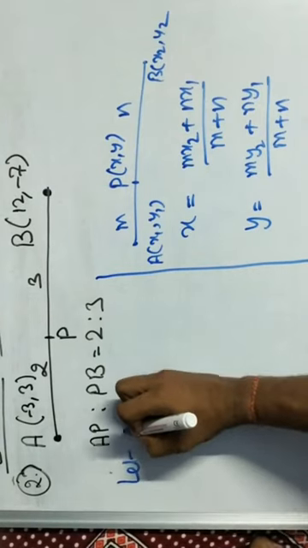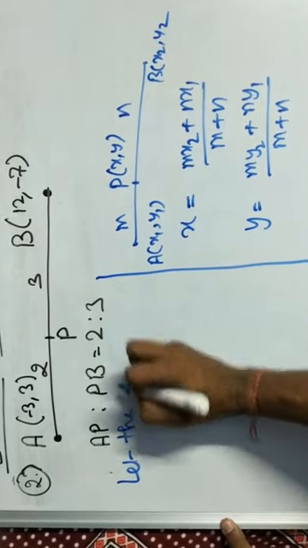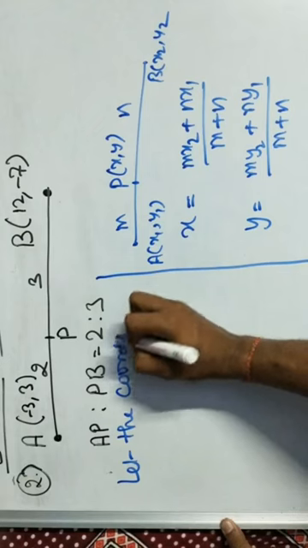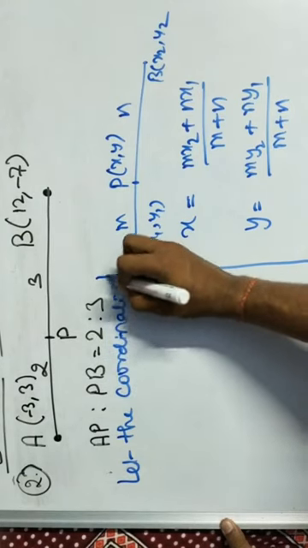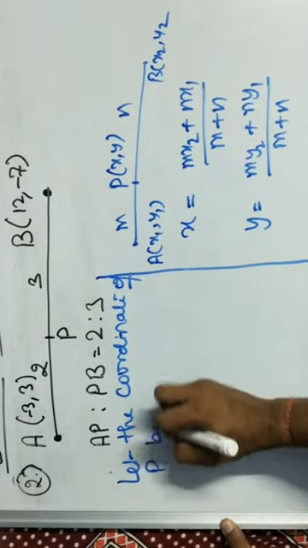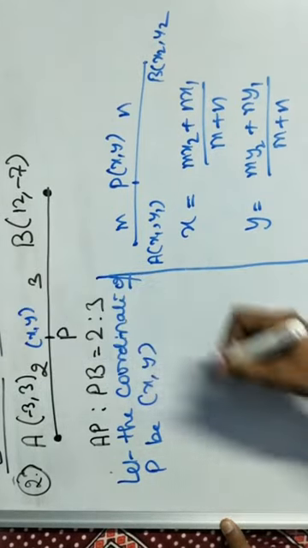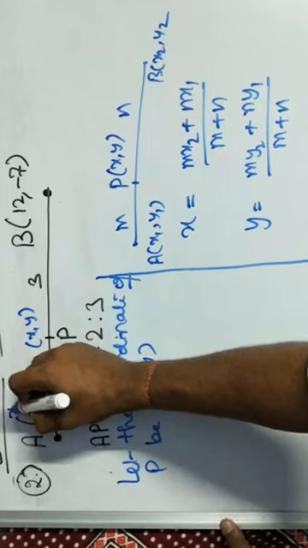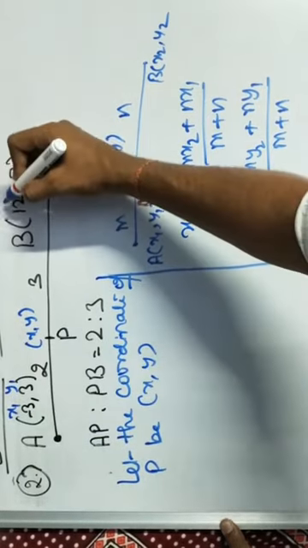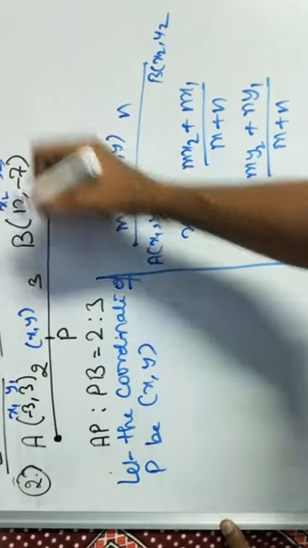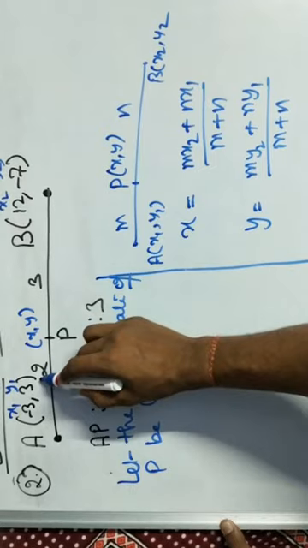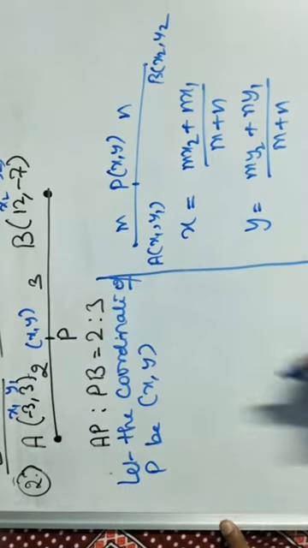Let the coordinate of P be (x, y). This is x1, y1, x2, y2, and the value of m should be 2 and the value of n should be 3.